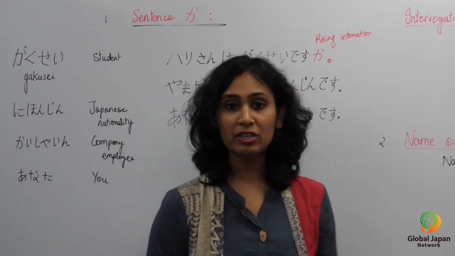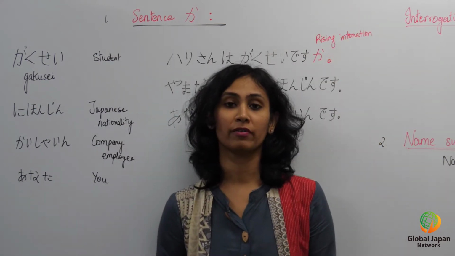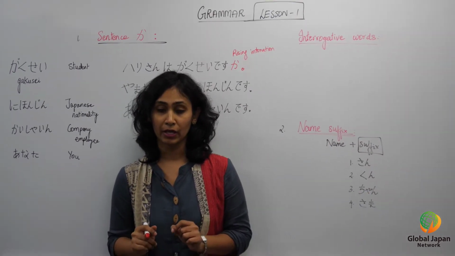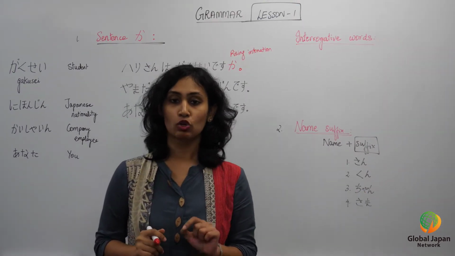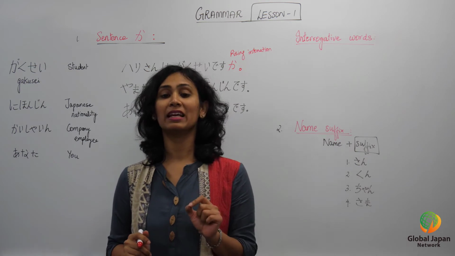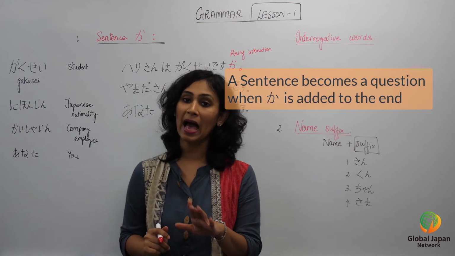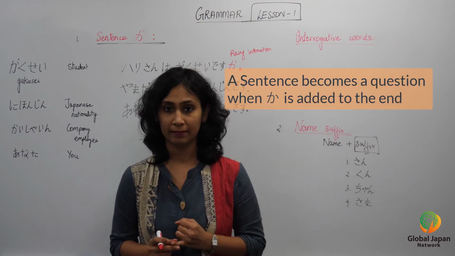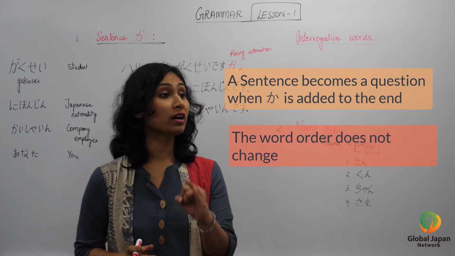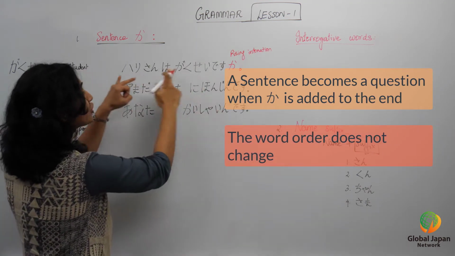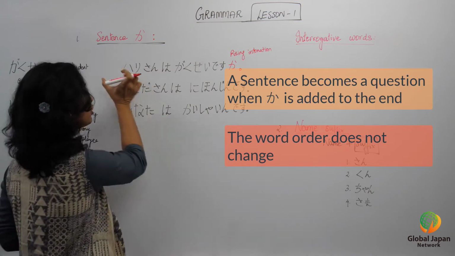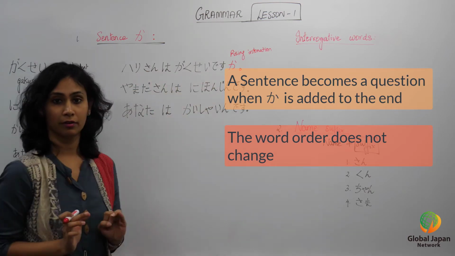Okay, so let me recollect what information I've given about the question particle ka. To make a sentence into a question, you add the question particle ka at the end of the sentence. The word order does not undergo any change. I have not rearranged any word here.